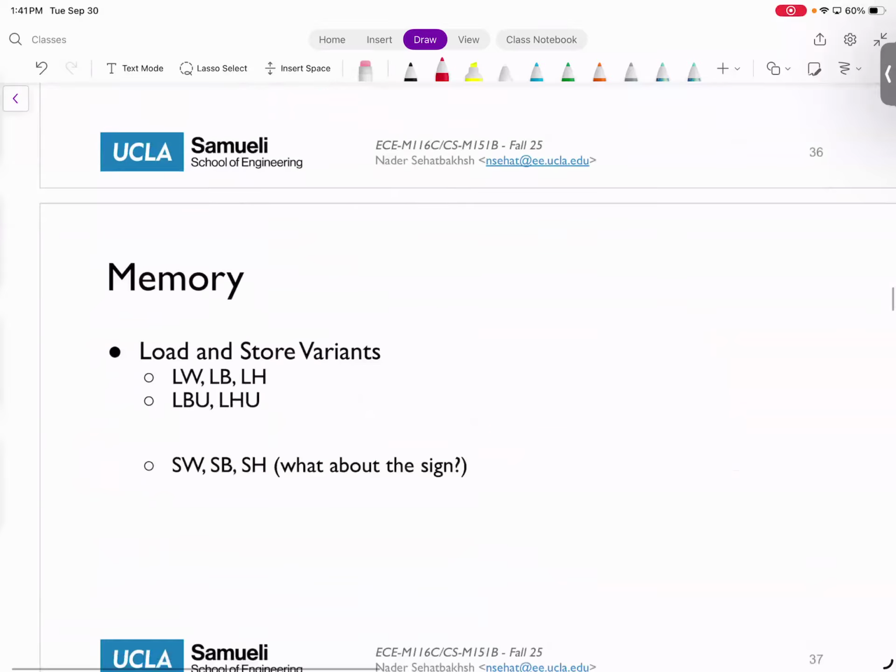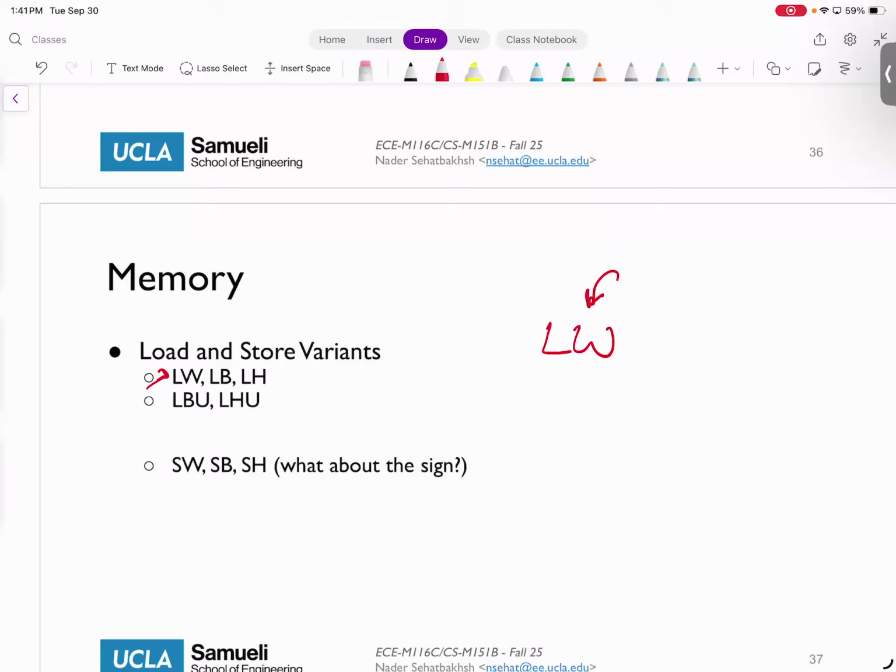So in RISC-V, the terminology that we use for loading and storing is L and S. But since we have 1 byte, 2 byte, or 4 byte variants, we have different wording for it. If I want to load the entire 32 bits, I use the letter W, load word.